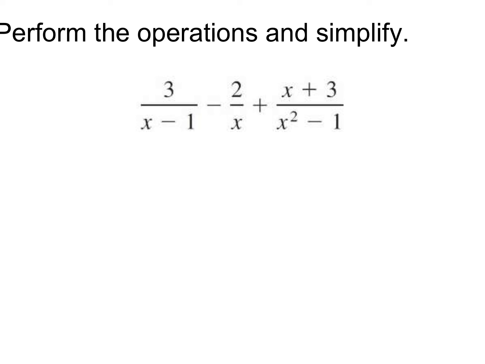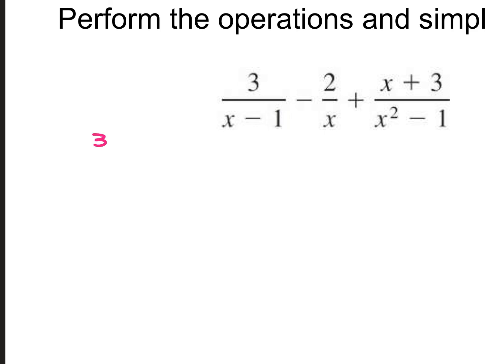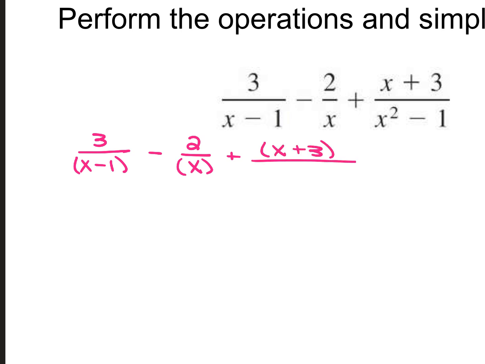So we are going to rewrite this as 3 over x minus 1 minus 2 over x plus x plus 3 over x minus 1 times x plus 1.